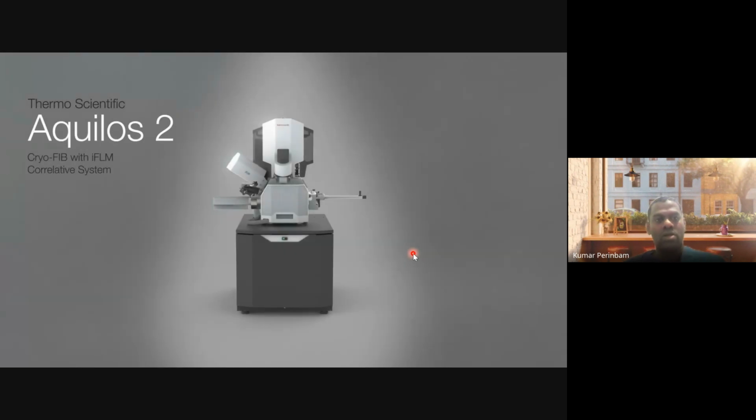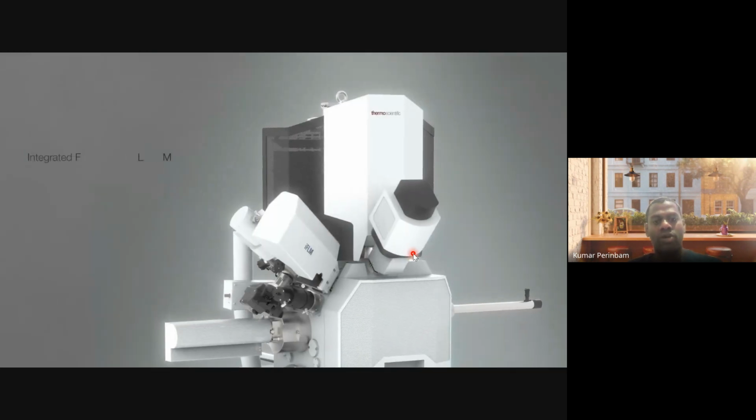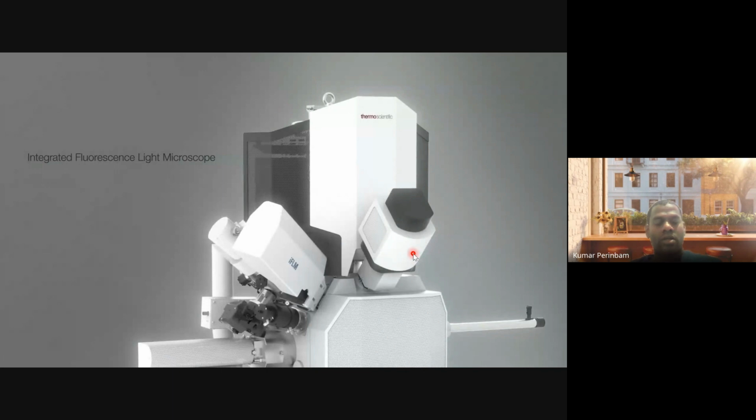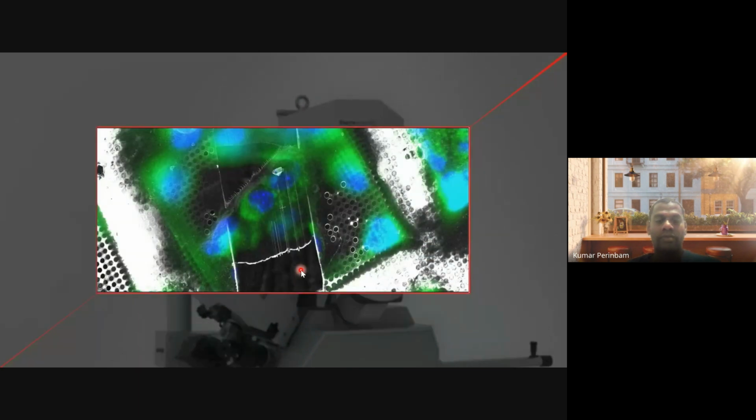The Thermo Scientific Hydra Oncolos 2 Cryo-FIB with iFLM, a correlative system, combines light microscopy and electron microscopy into one instrument. In the system, fluorescence data can be overlaid on SEM images, allowing the localization of fluorescently labeled cells.